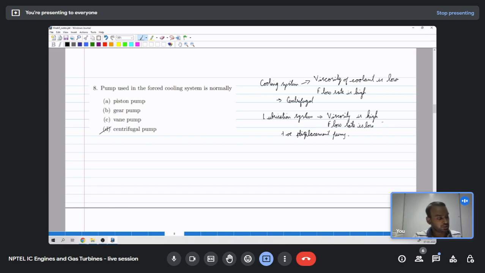Also the pressure delta P, the pressure by which the pump has to pump the fluid, is high for a lubrication system but low for a cooling system. Since delta P is high, only in the lubrication system do we use a positive displacement pump, which is generally a gear pump or vane pump. Generally a piston pump is not used in an engine, only gear or vane pump is used.